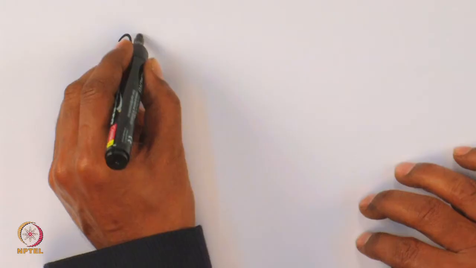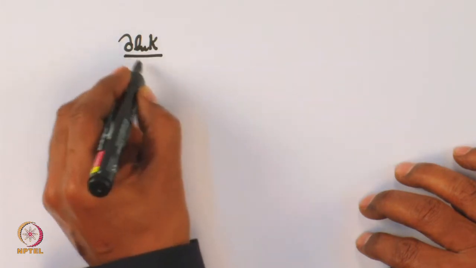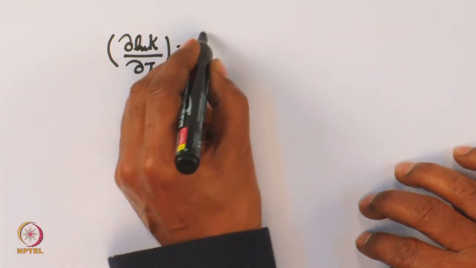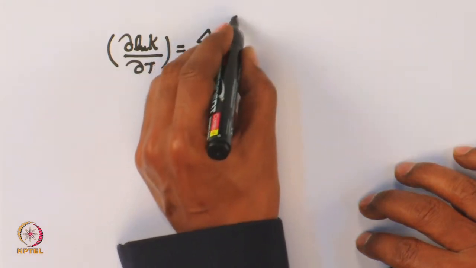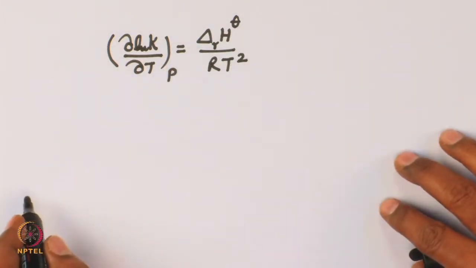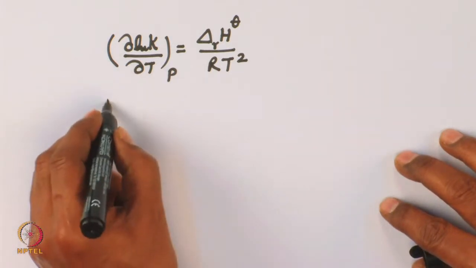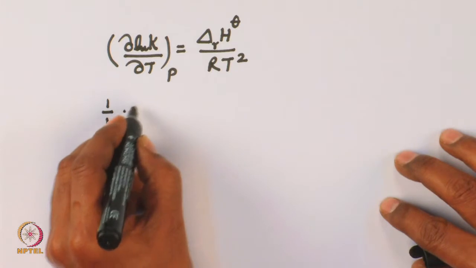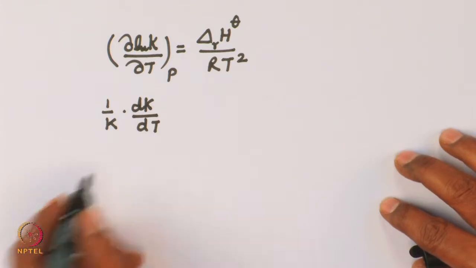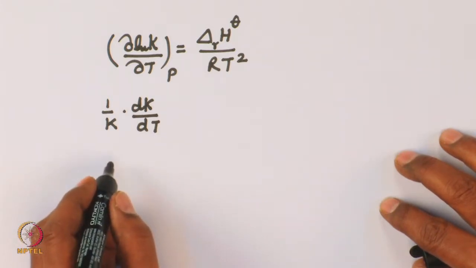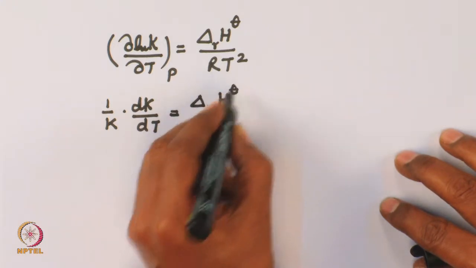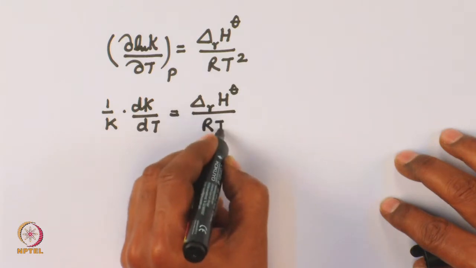According to Van 't Hoff equation, derivative of log K with respect to T at constant pressure is delta R H naught by R T square. I can write this as 1 by K dK by dT at constant pressure, of course, will be equal to delta R H naught by R T square.